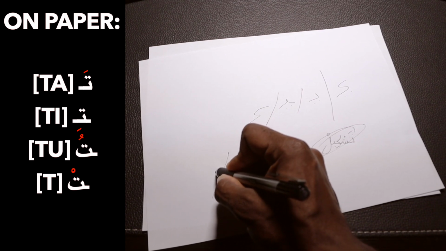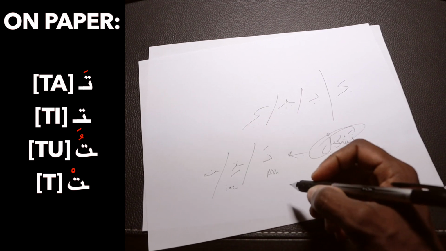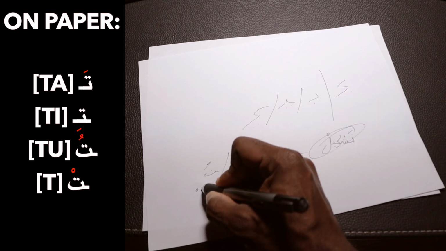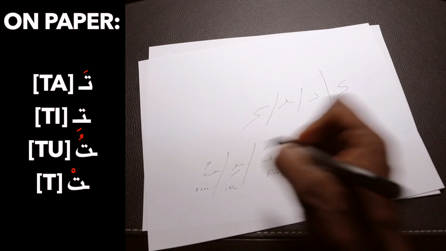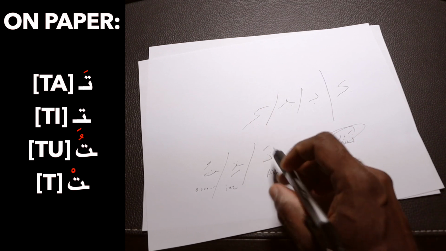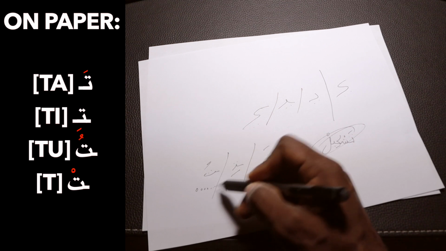And then let's say that you have ta at the end, and that would be an ooh sound, like Kool-Aid Man. Ooh, yeah. So fatha, kasra, dhamma gives you the ooh sound.